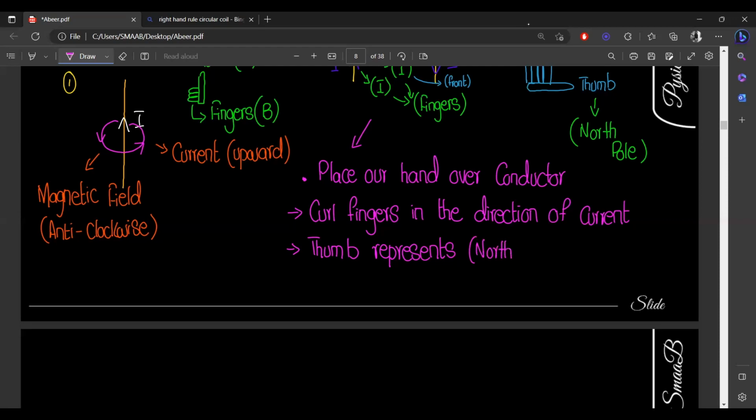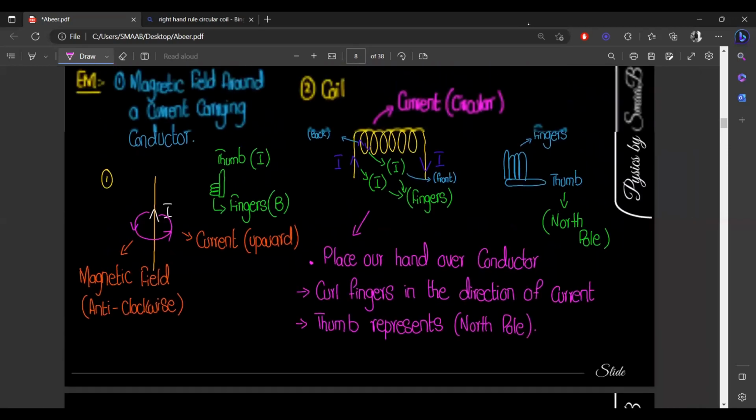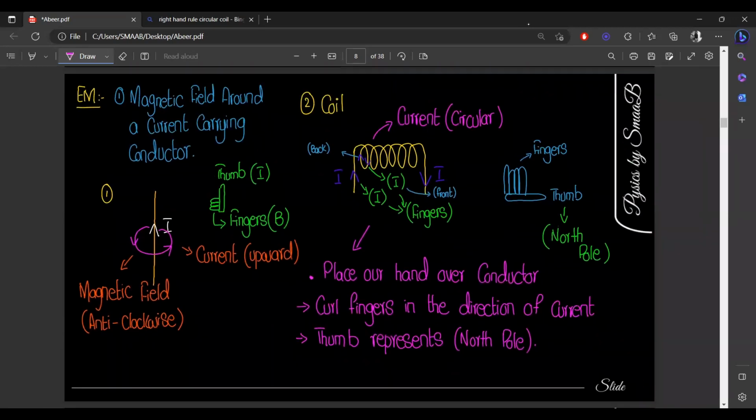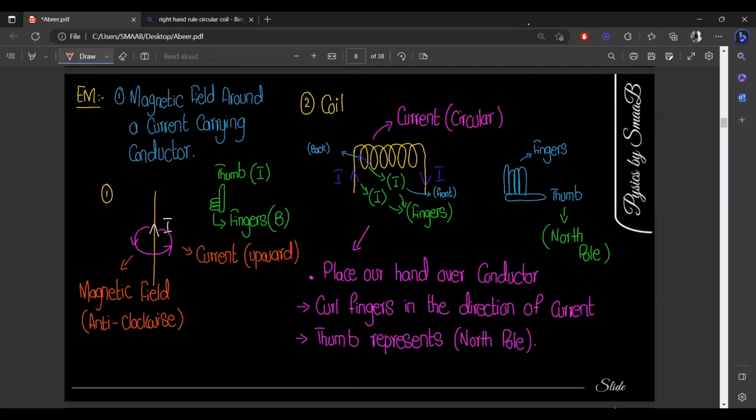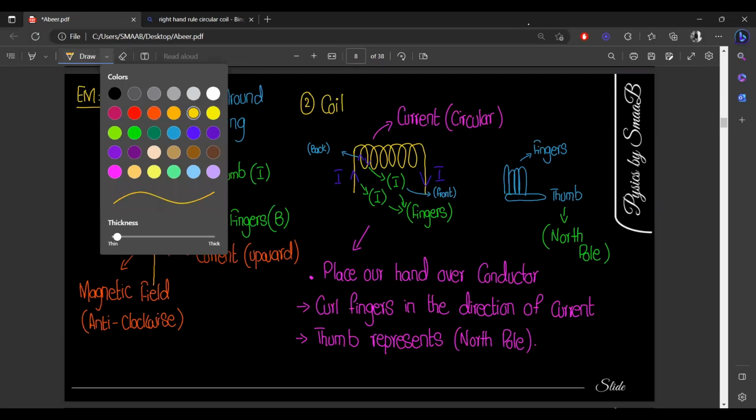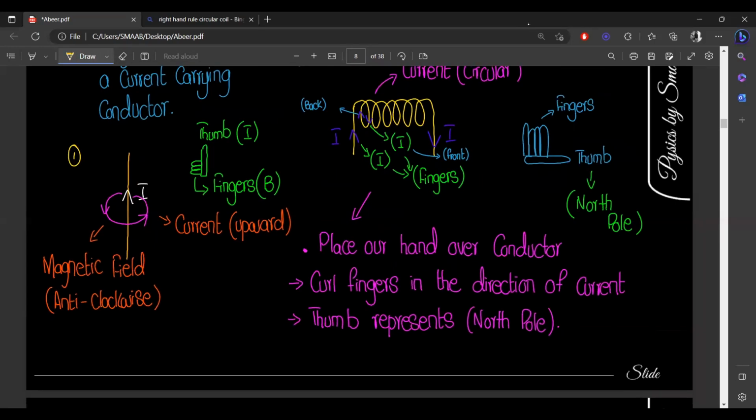So thumb basically represents the North Pole. So very simple concept. And this whole concept is known as Fleming's right hand rule.